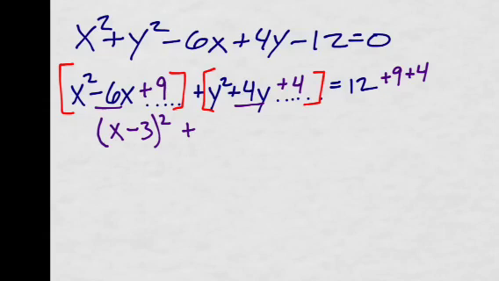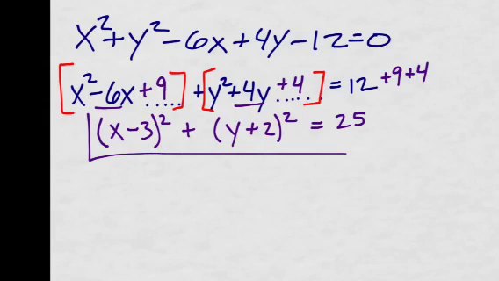But that's the steps for completing the square. Okay. We'll do the same thing. y plus half the number in the middle, cut in half, so plus 2 squared equals, and then 12 plus 9 plus 4 is 25. And there we have it.